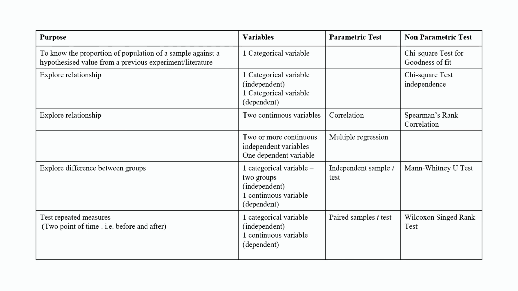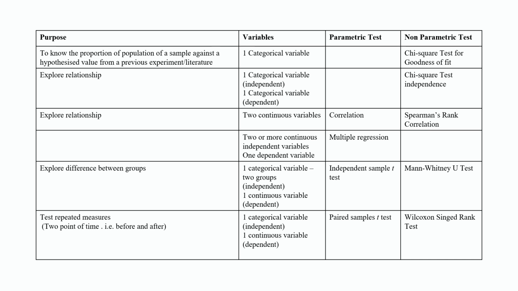So for example, here again gender, male, female, or you can take the students who qualify examinations, yes or no. You have 2 categorical variables, one is gender and the other one is the exam qualifying. Here the test which we would be applying is the chi-square test for independence, which falls under the non-parametric category.